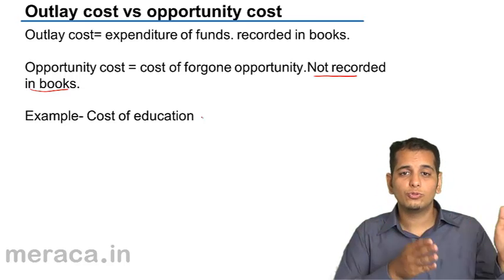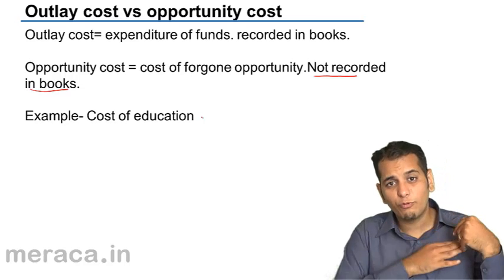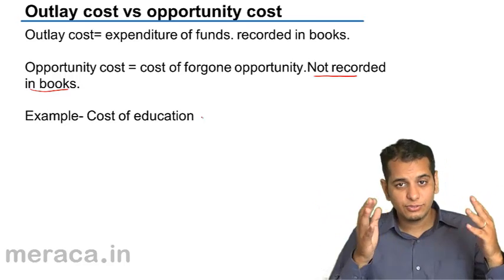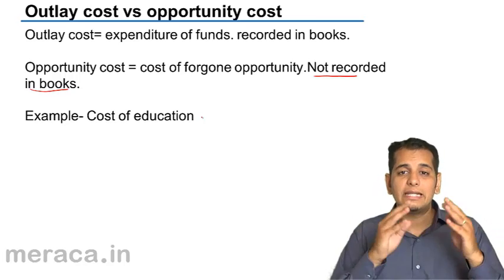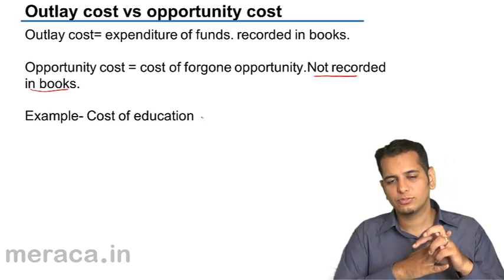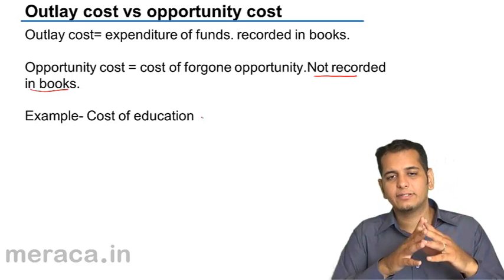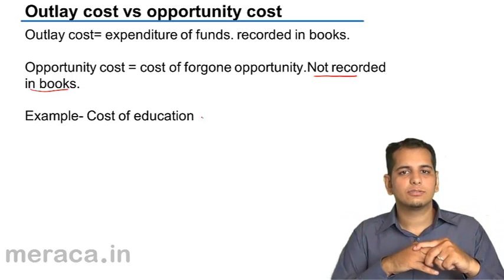But you now chose to go for higher studies. So now you have foregone your earnings, and this is the opportunity cost. No doubt you'll never account it, you'll never record it in your books. Yet these costs are called opportunity cost.